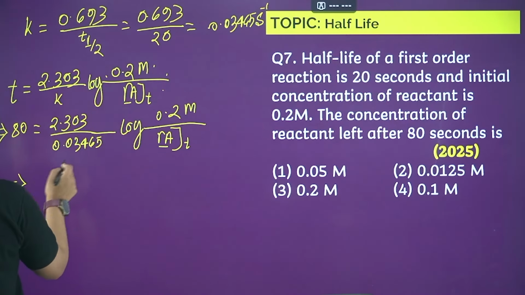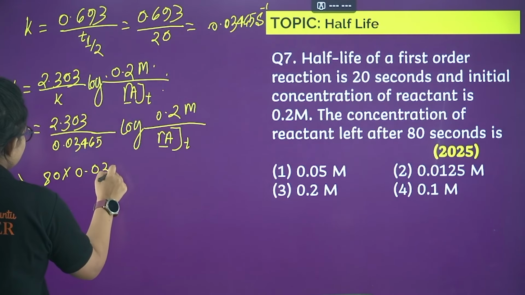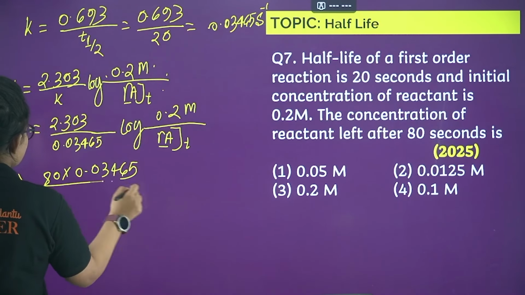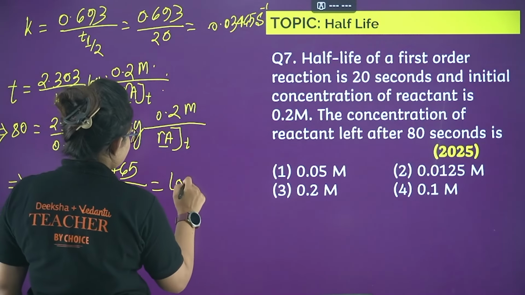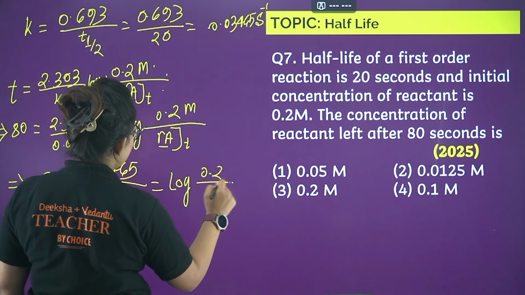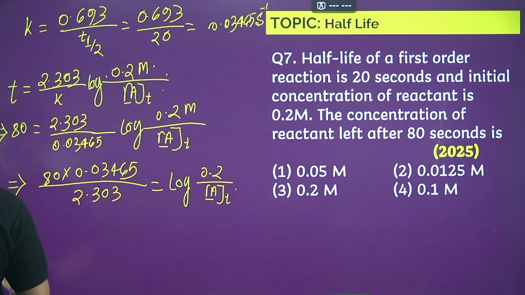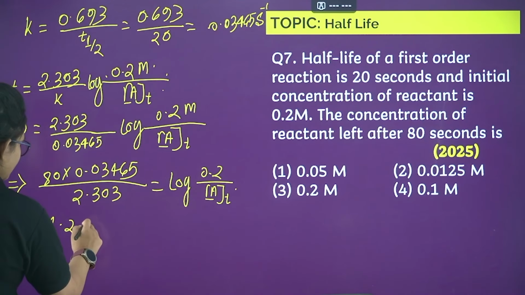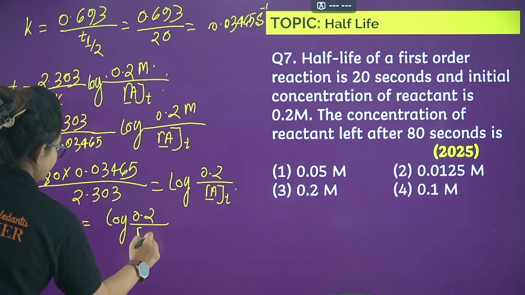So simply if you calculate 80 into 0.03465 divided by 2.303 equals log 0.2 by At. If you calculate this particular side, it will come around 1.2.